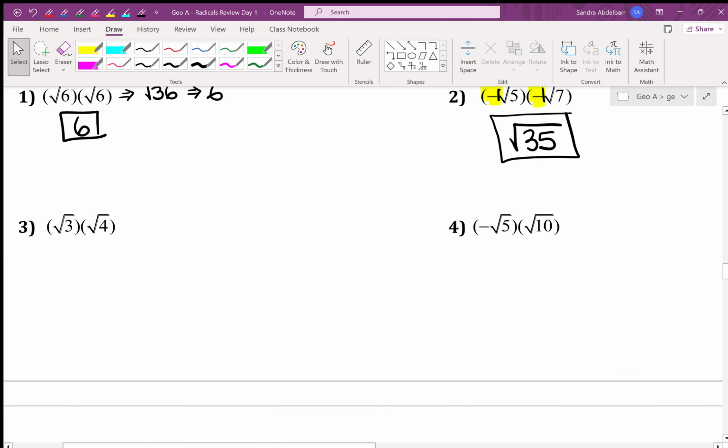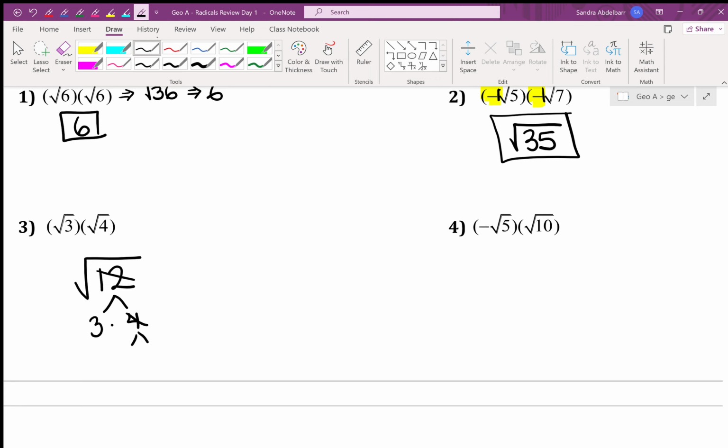Root 3 times root 4 is root 12. Can I simplify 12? If I can simplify, do I have to? Yes. So 12, I would do 3 and 4. And then 4 becomes 2 and 2. So this ends up becoming 2 root 3.